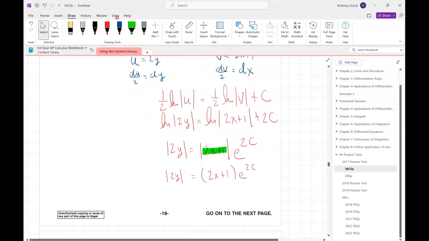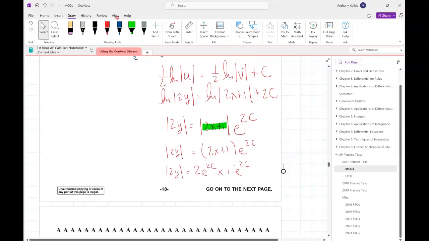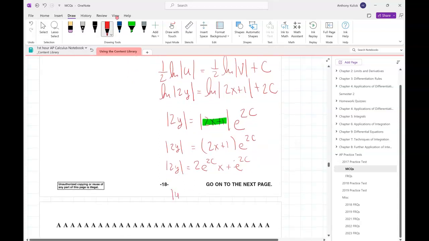And yeah, I'm going to distribute that e to the 2c through. I'll divide both sides by 2.